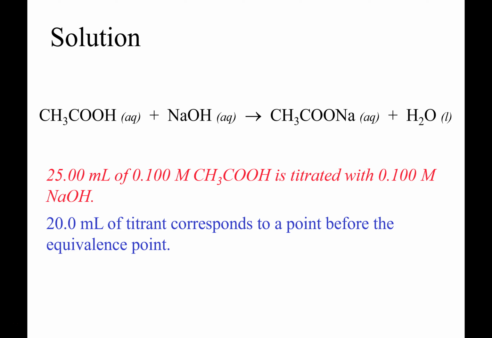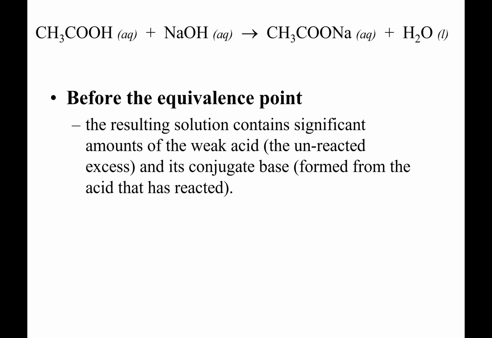So at 20 milliliters, we know we're before the equivalence point, because the equivalence point is 25 milliliters. And like I said, if we look at the chemistry, we have a buffered solution. Before the equivalence point, in this sort of titration of a weak acid with a strong base, you have some of your weak acid left, and you have formed some of the conjugate base.